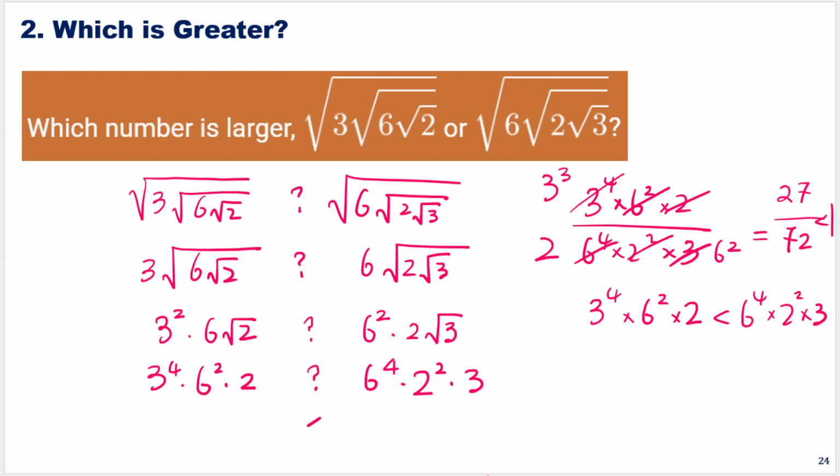Which means we should put a smaller than sign here, which means all of the signs are smaller than, because for each step we don't change the direction of the inequality, right? So originally the first number is smaller than the second number. Did you get it?